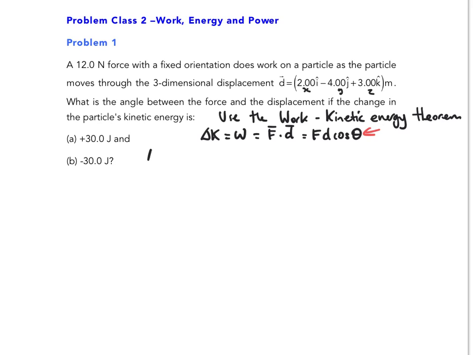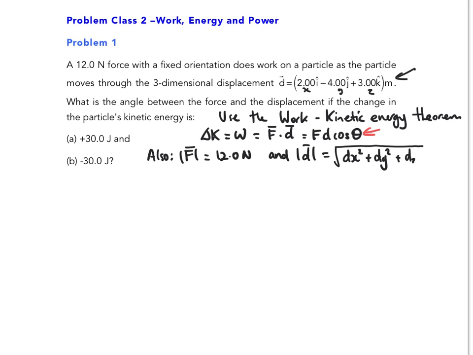We also know, from the other data we have, that the magnitude of F is 12.0 newtons. We're given that in the problem. We can also calculate the magnitude of D just by looking at its scalar components: dx squared plus dy squared plus dz squared.